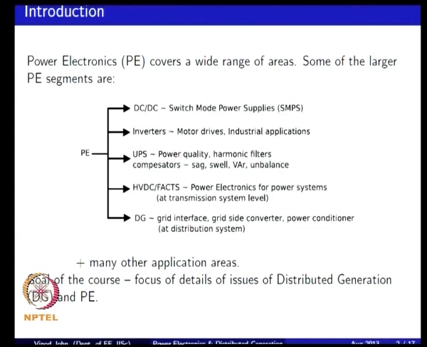Then an emerging area which is gaining increasing importance is distributed generation, where the power converter or any converter in general is used as an interface between your energy source and the grid. So, you can have power converters, you can have machine based interfaces, and in general you could call it a power conditioner, which is used to interconnect a distributed generation unit with the electrical grid.